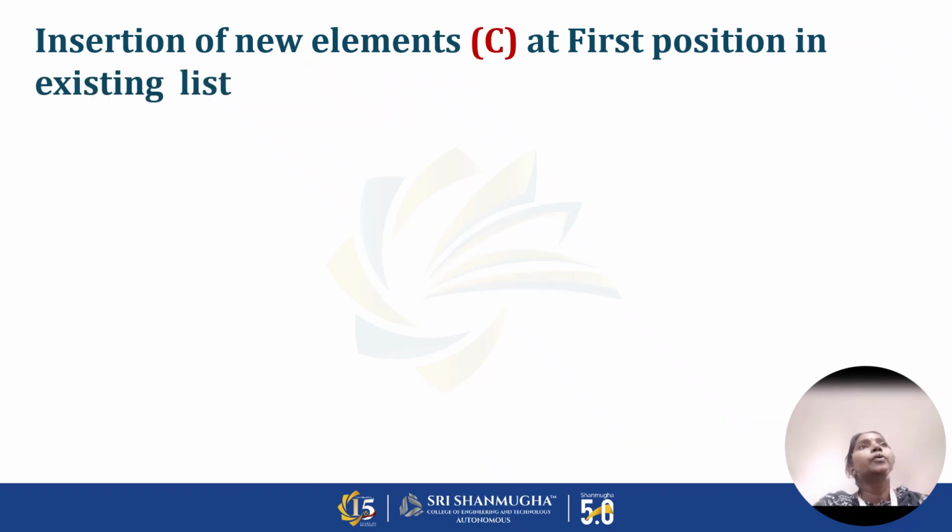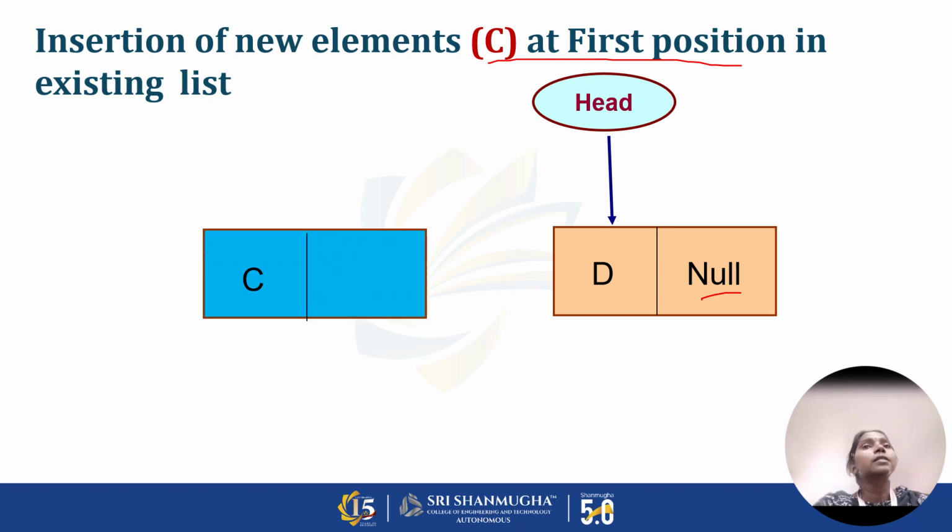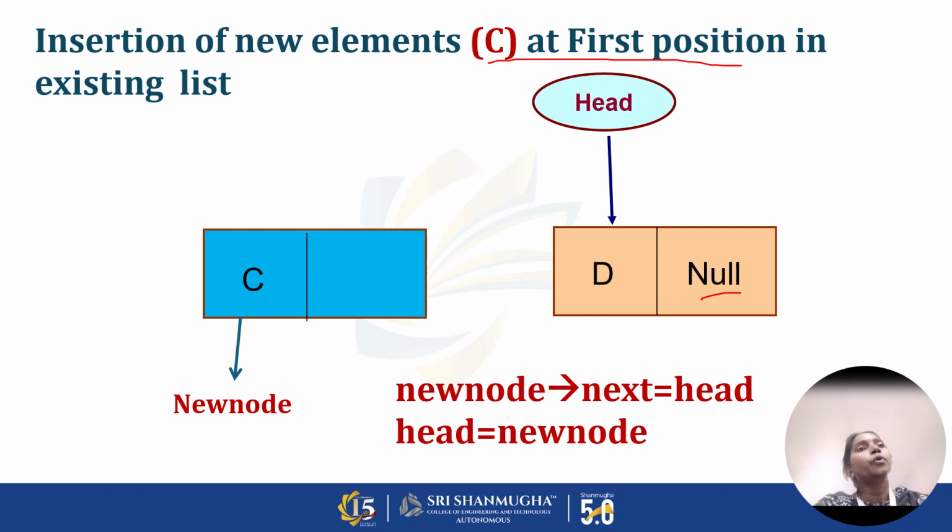Now the new element at the first position in an existing list. D is the head, and it has no next, so that is why it is null. C is the new node at the first position. So new node next is equal to head, and head is equal to new node.